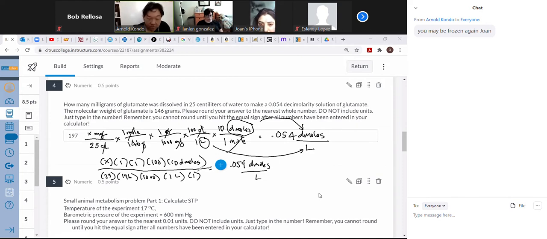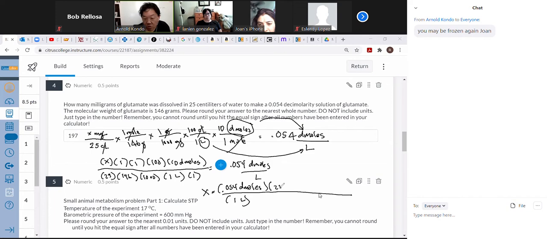But this is important for the final answer because now if we want to isolate the X, X is now equal to a bunch of stuff, right? And the whole idea is all of this stuff multiplies by 0.054. When you're dealing with the X, equal sign, Joan, it's cross multiplication, right? So X is equal to 0.054 decimals, and technically we express this as over 1 liter. Now all of this comes to the top.